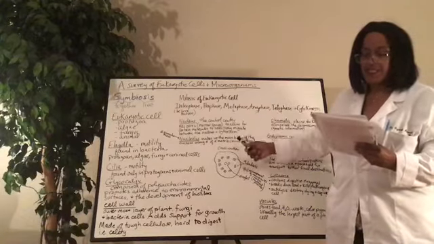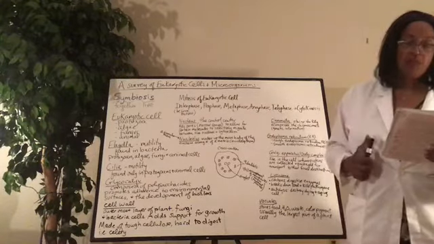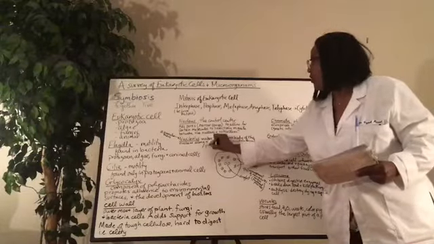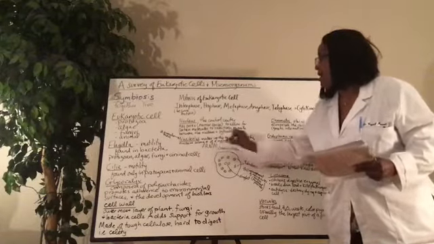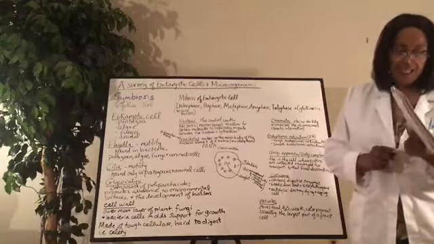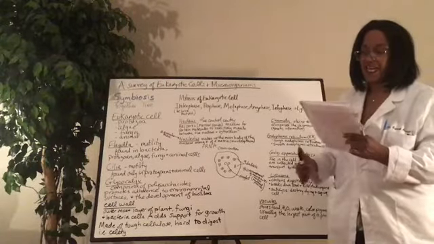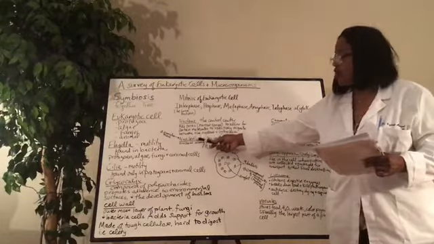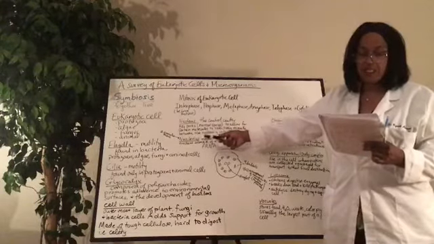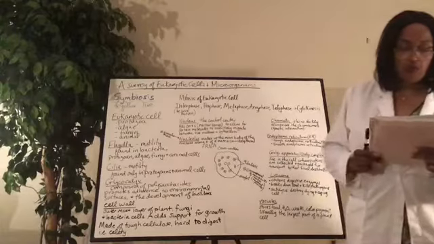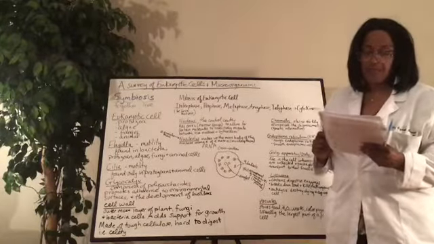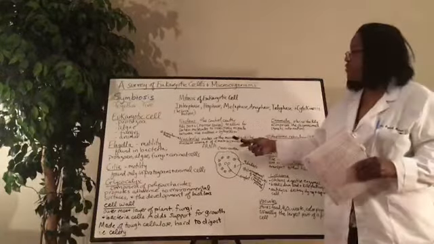The nucleolus is the site for ribosomal RNA. So this is the site for rRNA, okay? And that's where the synthesis and a collection area for ribosomal subunits occur, here in the nucleolus. The subunits are transported through the nuclear pores into the cytoplasm for a final assembly into ribosomes.